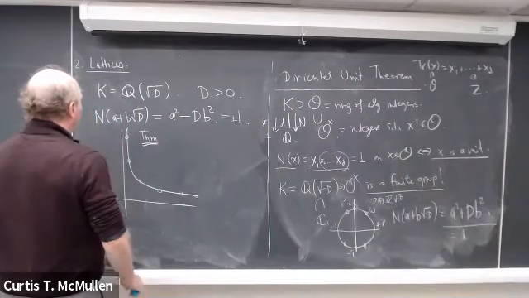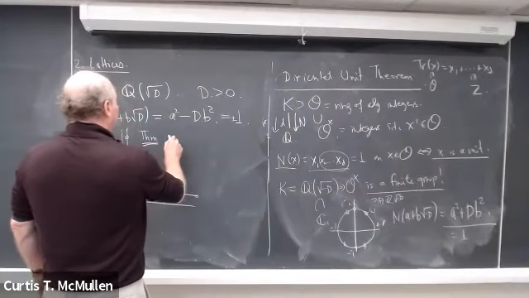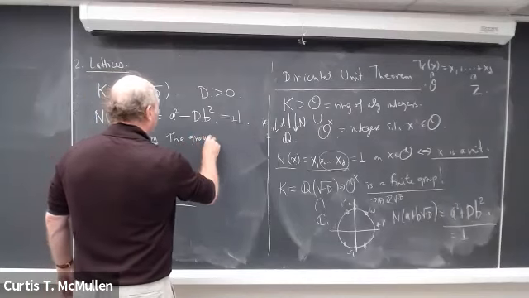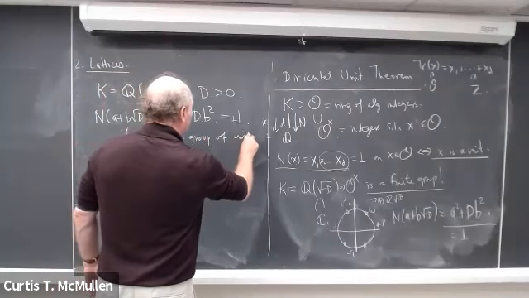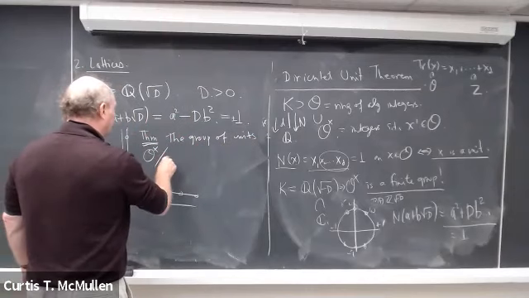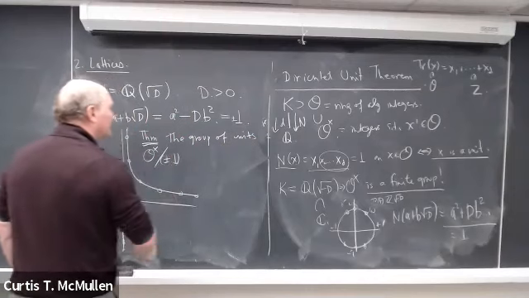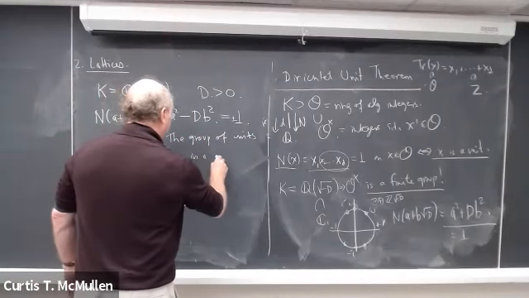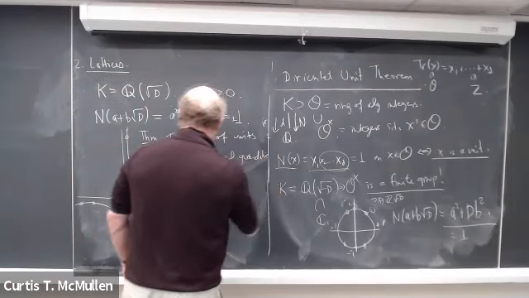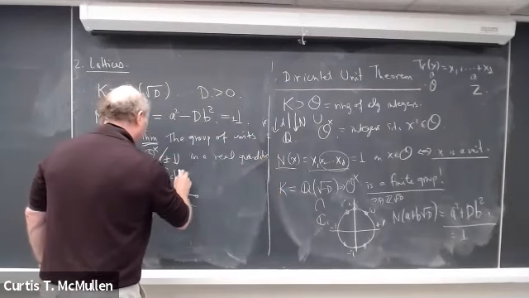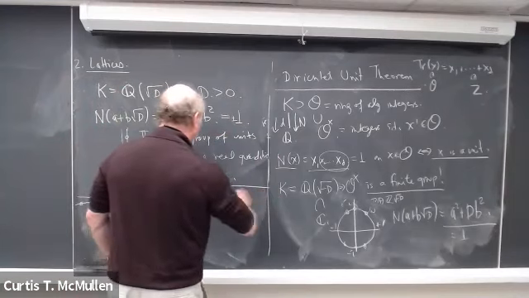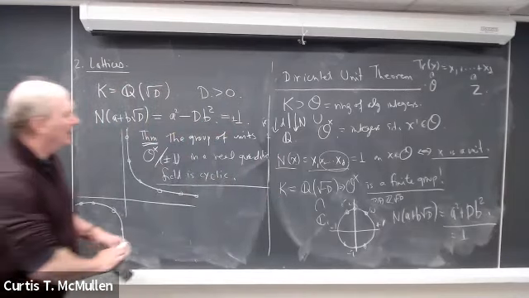So Dirichlet's theorem is that the group of units, and let's mod out by plus or minus 1, the obvious units in a real quadratic field, is cyclic. Okay.